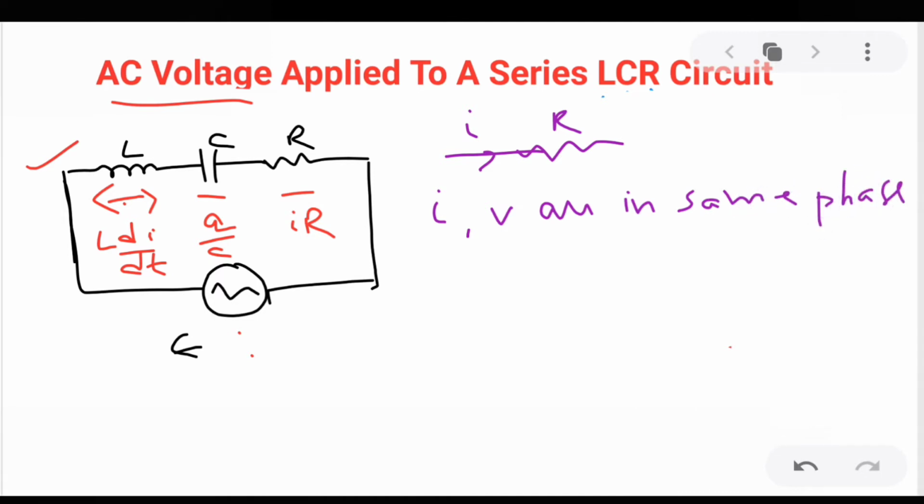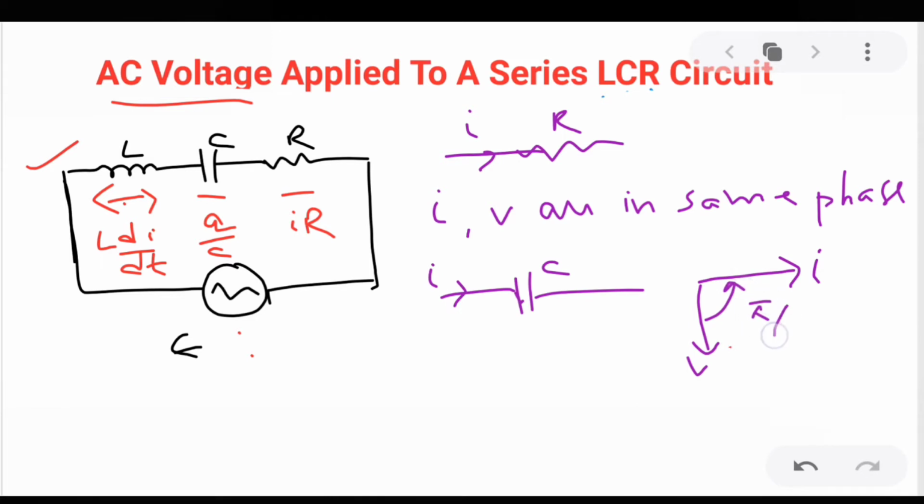When AC current flows through a capacitor, current leads voltage by phase angle of pi by 2. Current is ahead of voltage by phase angle of pi by 2.